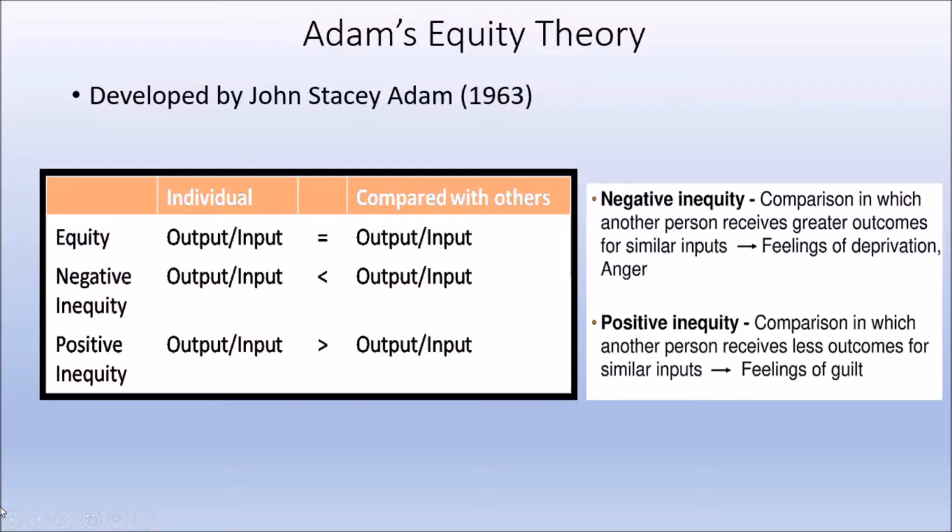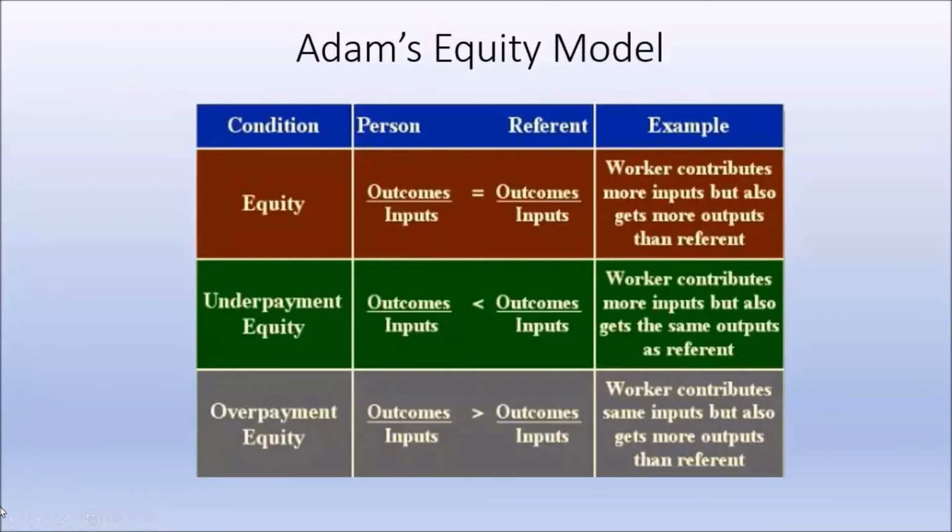So that is why the equity theory states that the input and output must be equal in order to avoid the negative inequity or positive inequity, which will lead to feelings of guilt or feelings of anger. This is also the same model as I showed you in the previous slides.